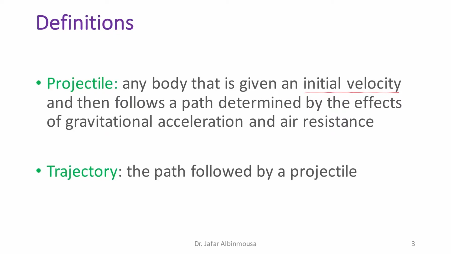So again, the body will be kicked with an initial velocity, and then it will just fall under the effect of gravitational acceleration and air resistance. Now, what is a trajectory? A trajectory is the path followed by a projectile.